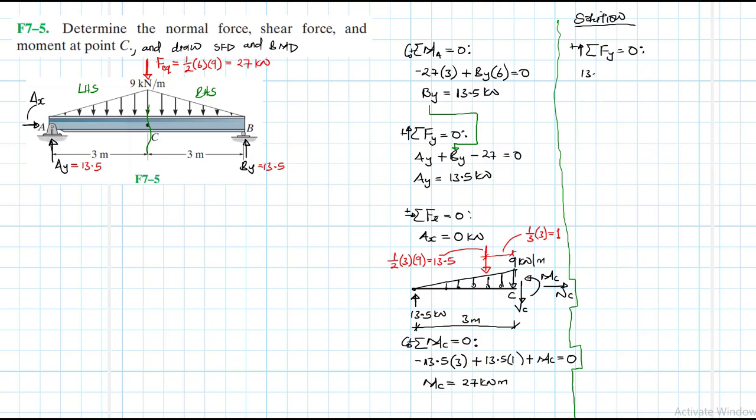We have a 13.5 minus 13.5 minus VC equal to 0. Shear there is just going to be equal to 0 kilonewtons. And it makes sense. And that's the very point where we are going to have maximum moment.